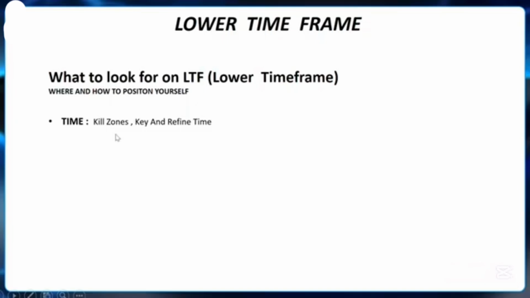London kill zone we have from 2 a.m. to 5 a.m. UTC -5 or -4, and New York kill zone from 7 a.m. to around 10 or 11 a.m. UTC -5 or -4. Forget about your local country time. Simply change your chart settings to UTC -5 or -4 and stick to these two kill zones, London and New York. This alignment with time will give your trades structure and consistency.